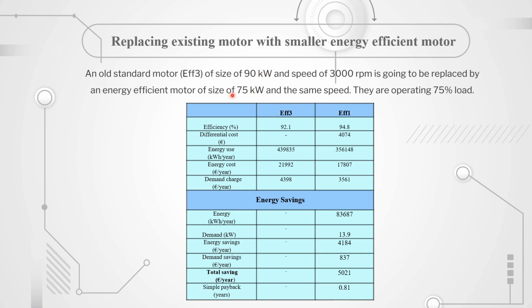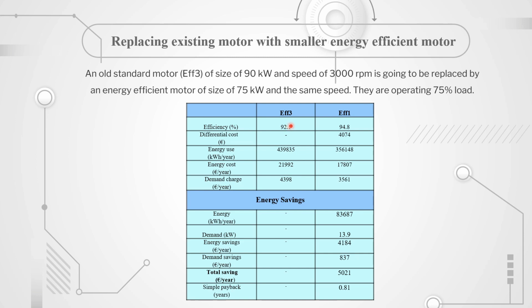So we can see the difference in efficiency between the first and the second one, but they produce the same speed, and they operate at 75% of load.